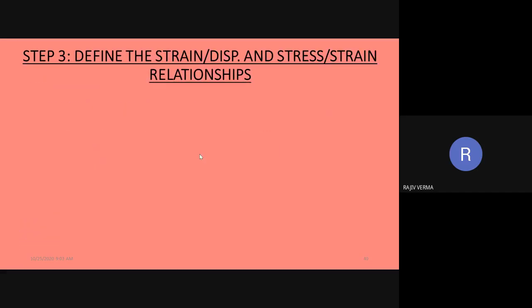So the next step is to define the relationship between stresses and strains. The strain displacement relationship is given by a formula as simple as this. If you know the nodal deformations, you can manipulate them to find the value of strain.